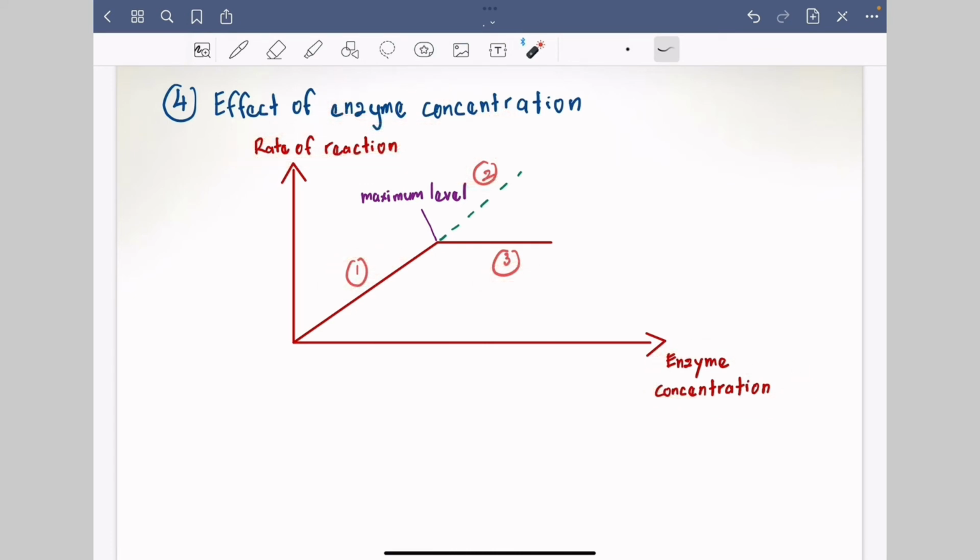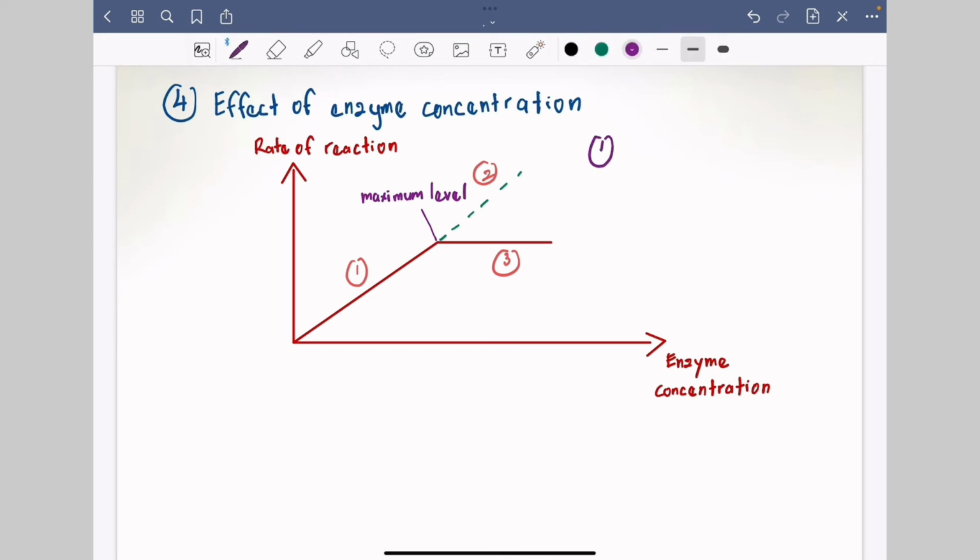The first point is about when the enzyme concentration is increased, and the second point is about if we increase the enzyme concentration and at the same time increase the concentration of the substrate, as long as there is an excess supply of substrate. And the third point tells the maximum level. What happens at the maximum level? Let's look at it.